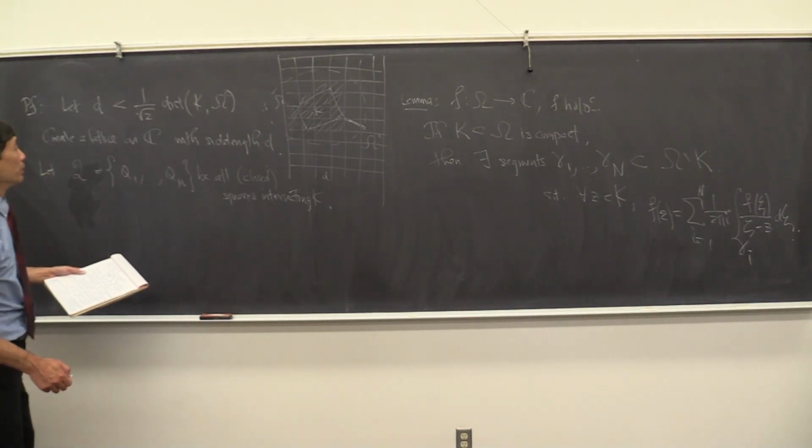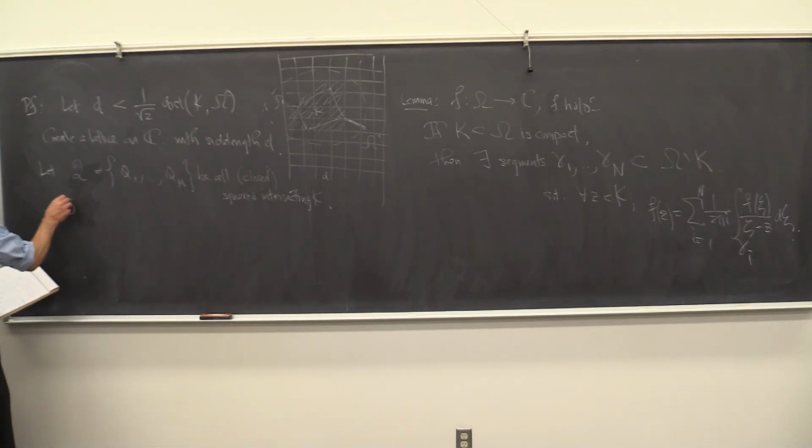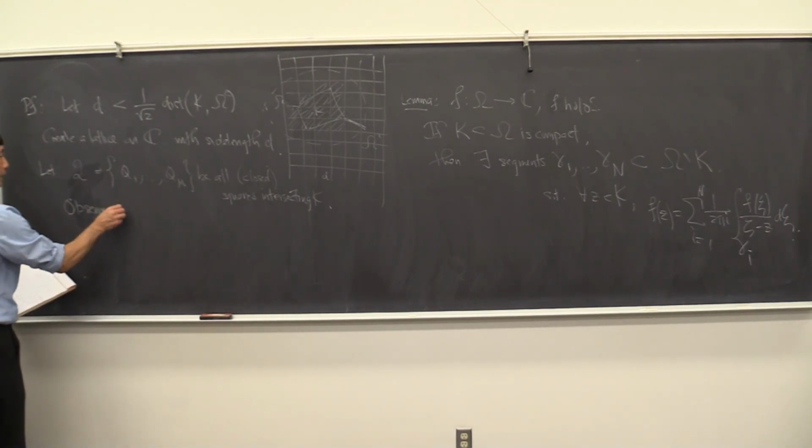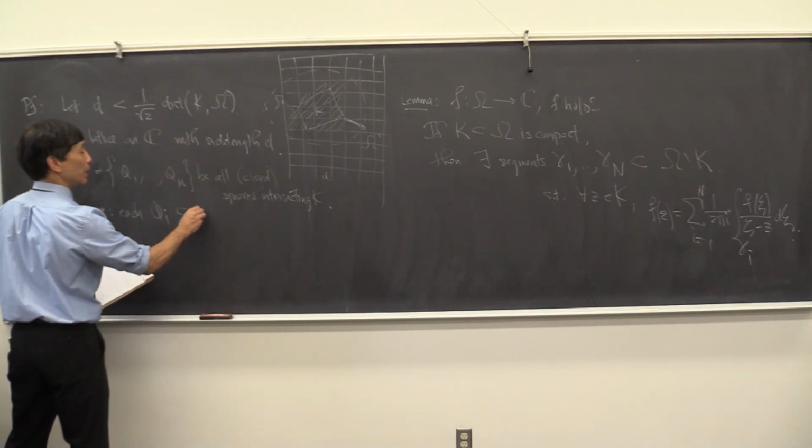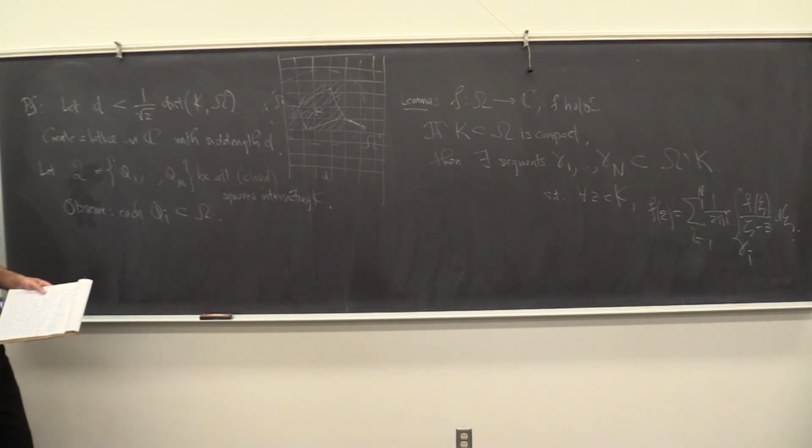Okay. So the first thing to observe is that each of the squares lies inside of omega, right?